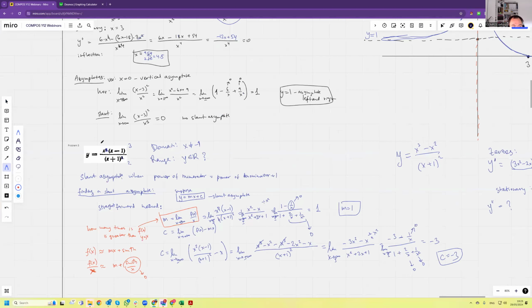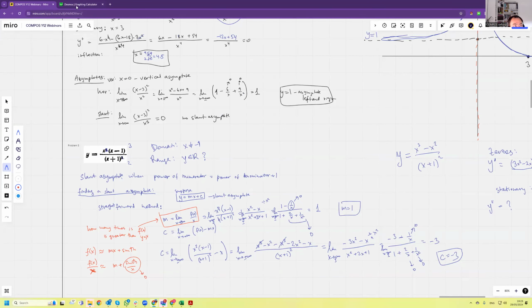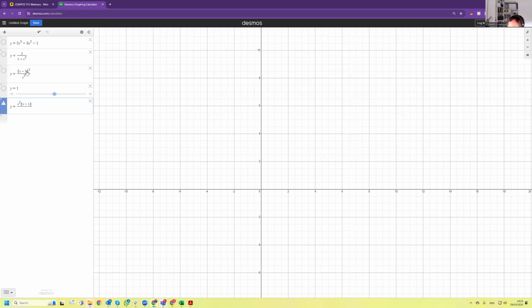Yes, horizontal and slant asymptotes mutually exclusive, certainly. -1 and x plus 1 squared. x plus 1. No, sorry, you could have a horizontal asymptote on the left and a slant asymptote on the right. Yes, you can have that.